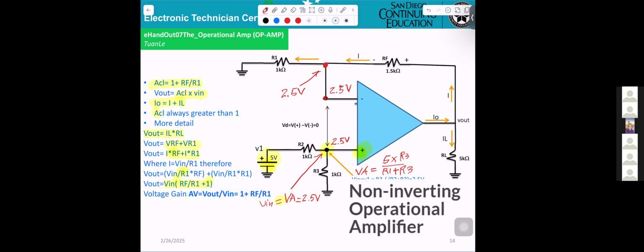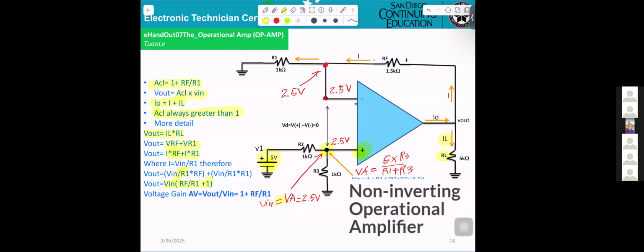The thing is 1 plus, so that's why all the time it has to be greater than 1. Okay? And V out equals IL times RL. If you get the current, IL means load current, and you get the resistor, then you can calculate the voltage.